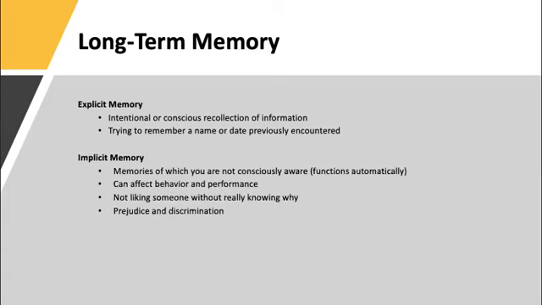Whereas implicit memory is the memories that you're not consciously aware of, but these can still affect your behavior and performance. Things like prejudice and discrimination often do occur within this type of memory. So let's say you come across someone and you just dislike them, but you don't really know why.